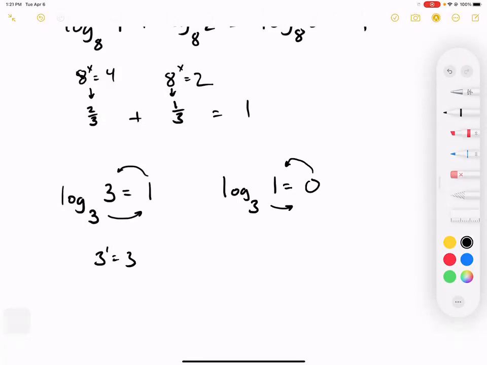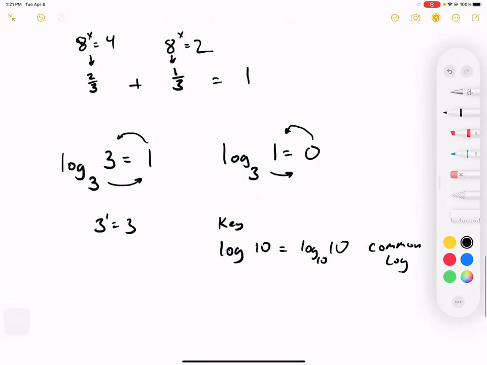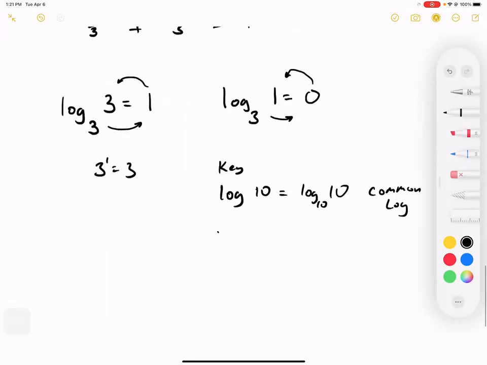A couple of key notes also: whenever we see log by itself, let's say log of 10, this is always log base 10 of 10. That's what we call a common log. And this is what we discussed before, we have special natural logs.